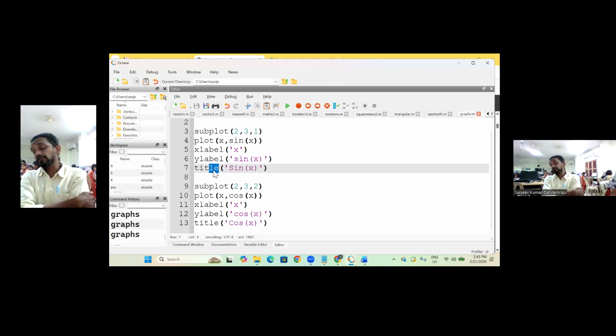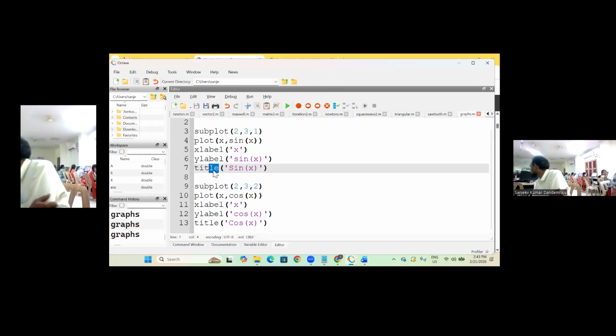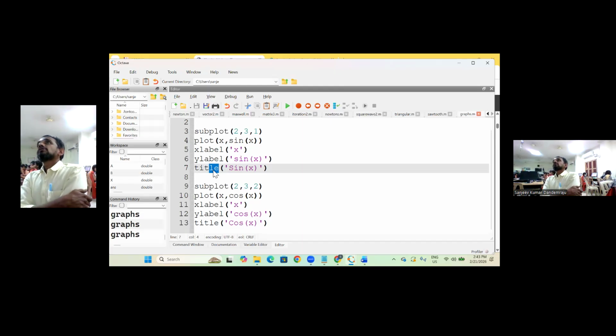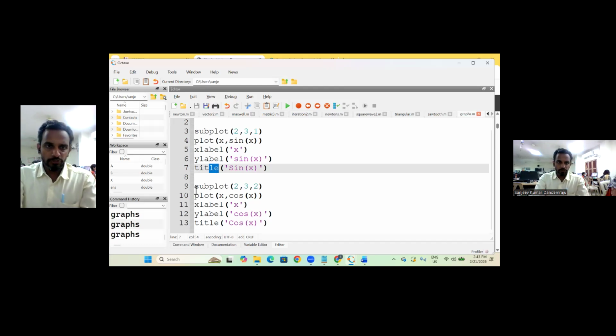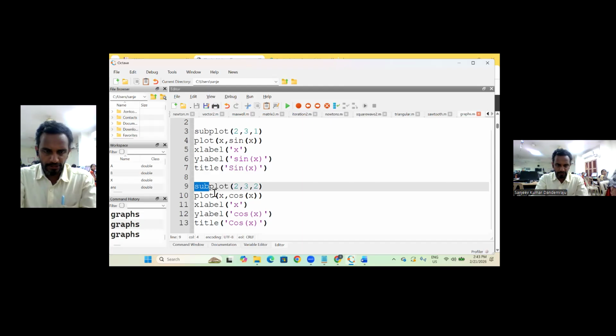And for label, it is LABEL, the last two letters are EL. So once your first block is ready, just copy paste and edit the relevant fields.